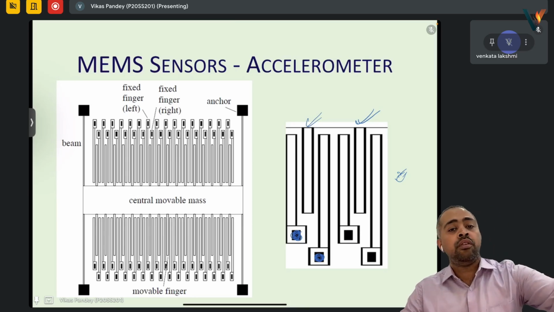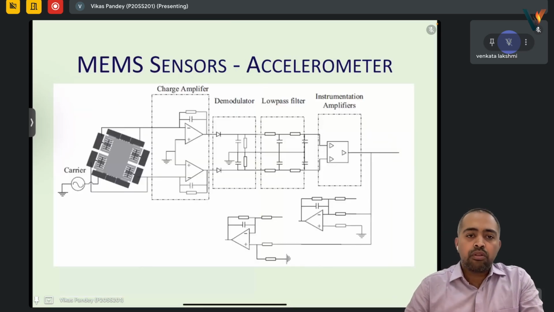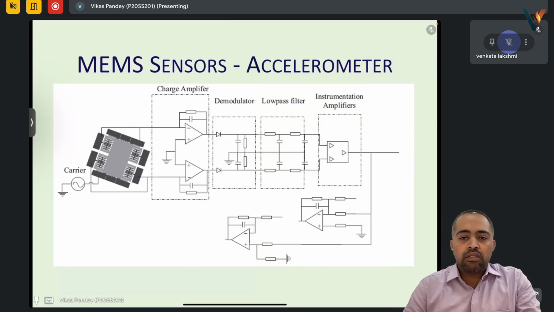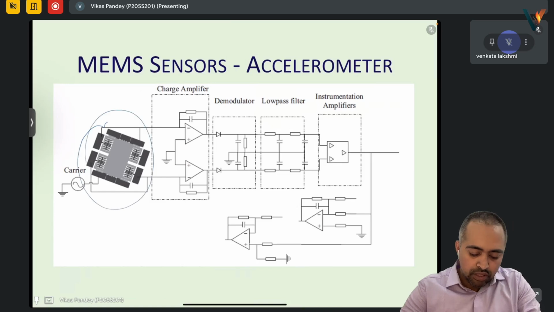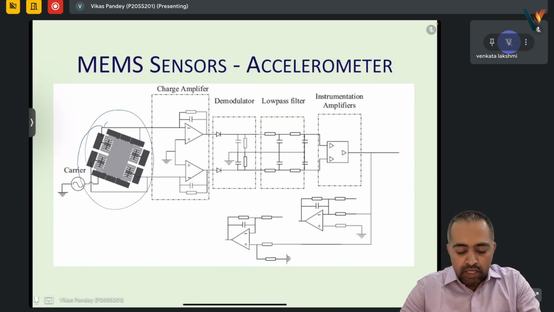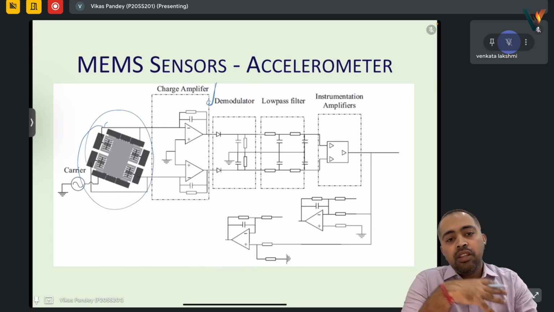If we talk about the circuit that goes in even after this accelerometer, the kind of structure is there, we need charge amplifiers, as I was telling about the problem with detection.